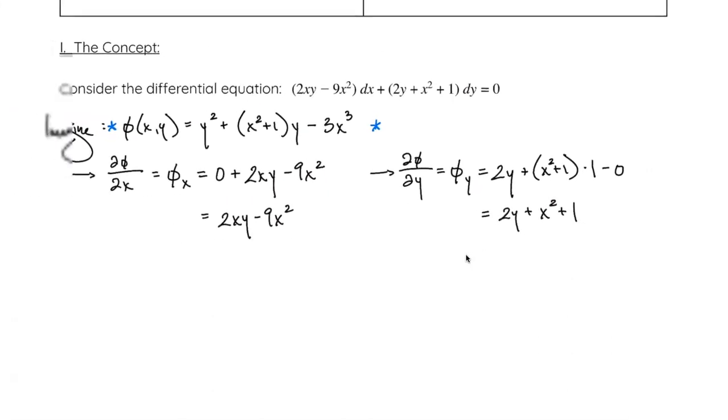Now, if you look back at the original differential equation, some of this should actually look very familiar. Our phi sub x is 2xy minus 9x squared. And wow, look at this, 2xy minus 9x squared.